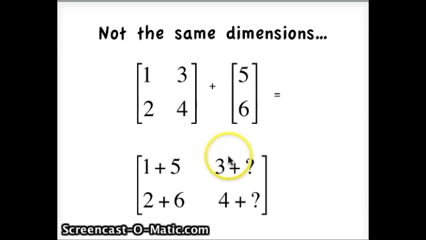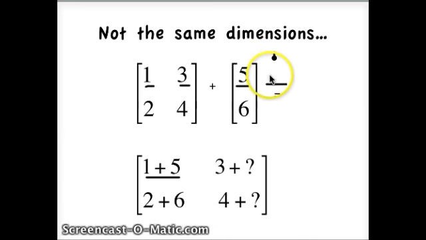Okay, so let's look at what happens when you don't have the same dimensions for a matrix and you try to add them. We said that it's very important to line up the same elements. So here's the A11 of this matrix, here's the A11 of this matrix, so here we have them added together. However, when we take the A12 of this matrix, there is no A12 of this matrix since there's only one column.